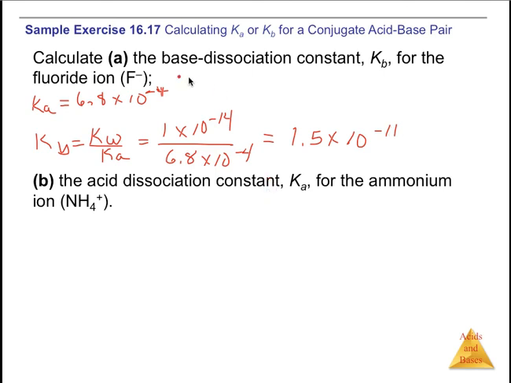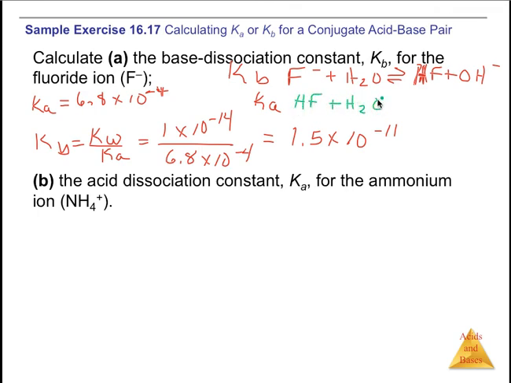This is important to know because if you are talking about the Kb of the fluoride ion, the equation is this. I'm going to drop the aqs for a moment. Fluoride plus water goes to HF plus the hydroxide. This is my Kb. Ka is the acid HF plus water, reacting to form the fluoride ion plus the hydronium ion.